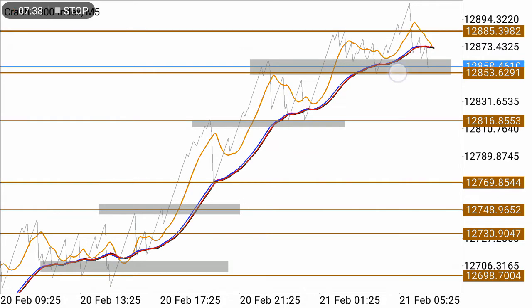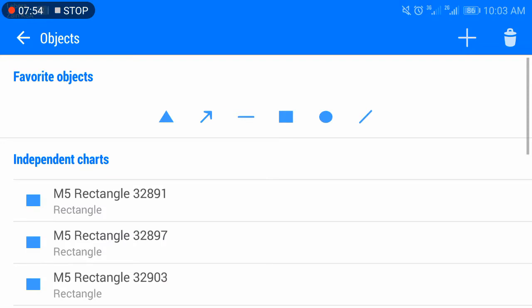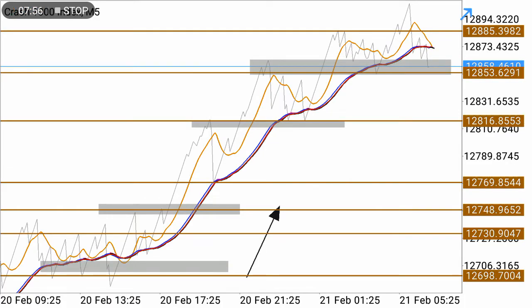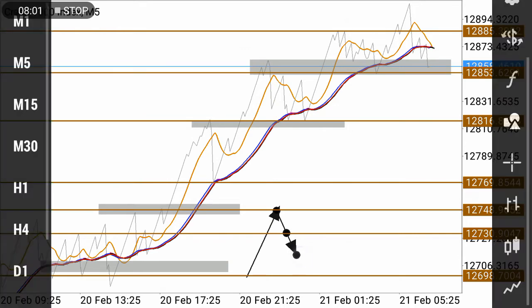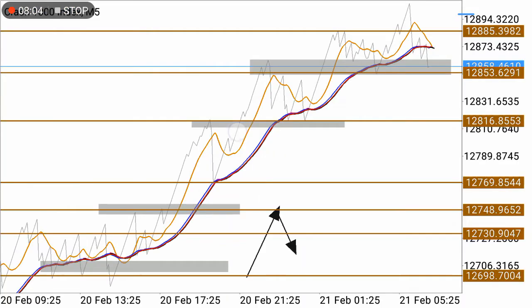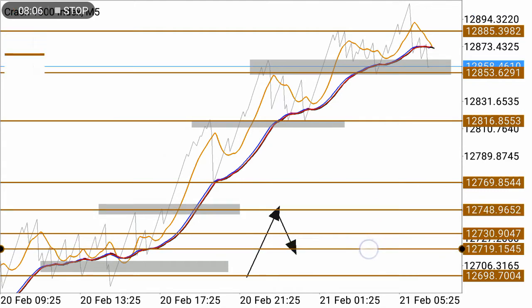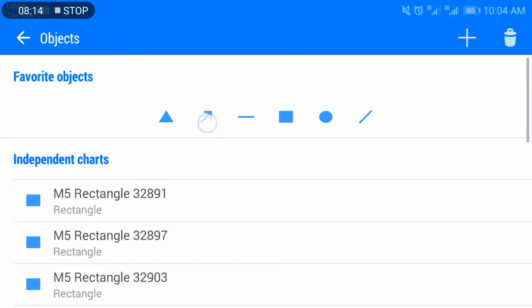And look here, a very awesome buy, and what did the market do? The market started going up, and more up, and once the market touched this resistance line, the market broke this support and came down. Look here, this support is not verified, but this support bounced the market back.